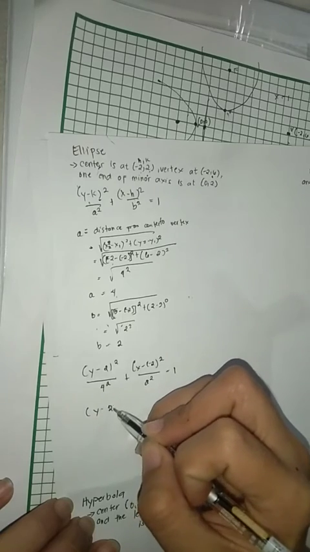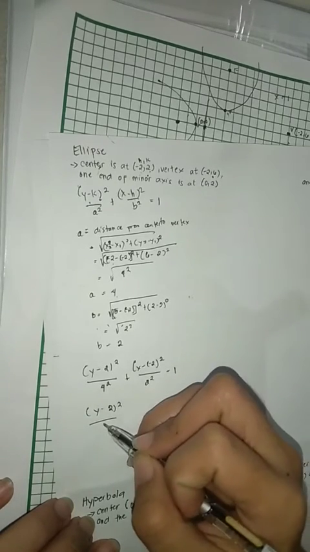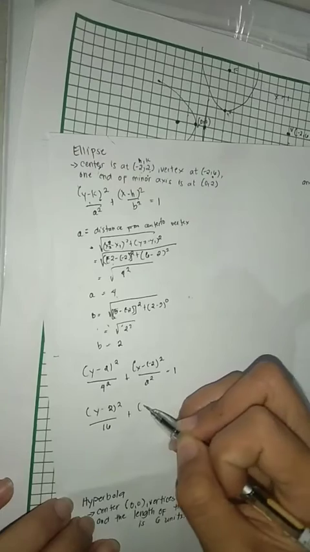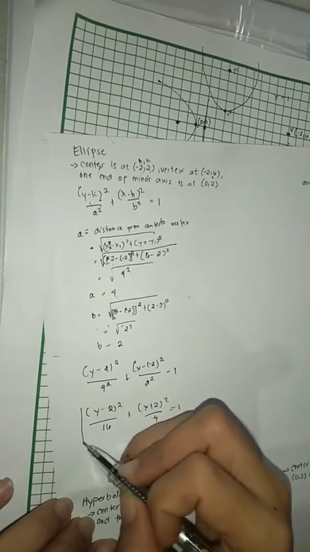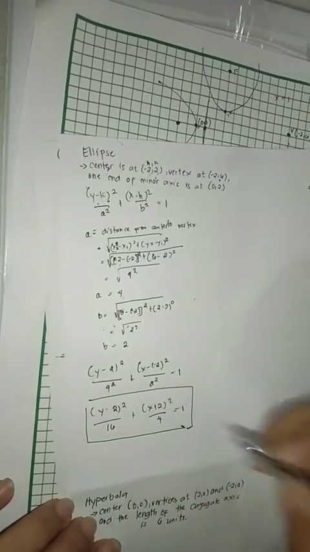Final answer is y minus 2 squared over 16 plus x plus 2 squared over 4 is equal to 1. And that is our final answer.